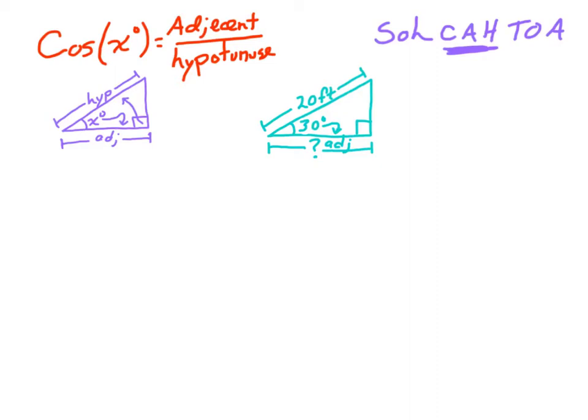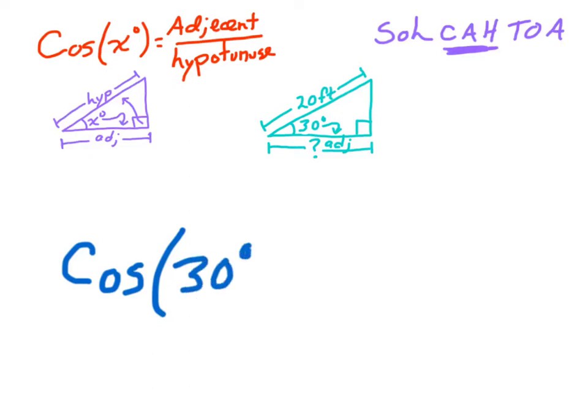So let's see. On this one, we need the cosine of 30 degrees because we know that part is equal to the adjacent over the hypotenuse. So that we have the adjacent, which I'm going to abbreviate with the letter A, over the hypotenuse.